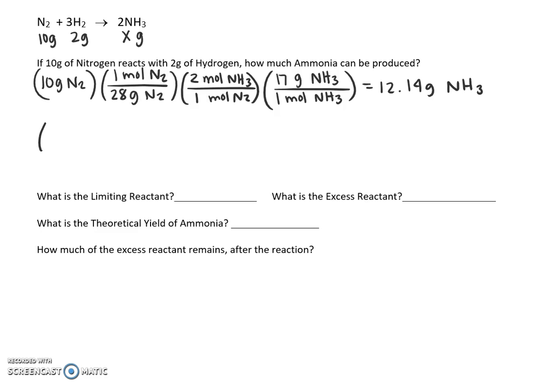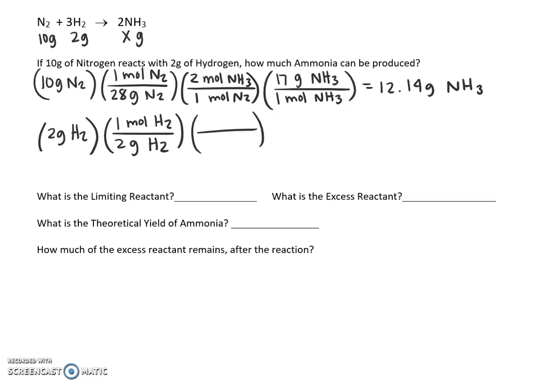I also have 2 grams of H2. For every 1 mole of H2, I have a mass of 2 grams of H2. I want moles of H2 to cancel out, and I'm going into moles of NH3.